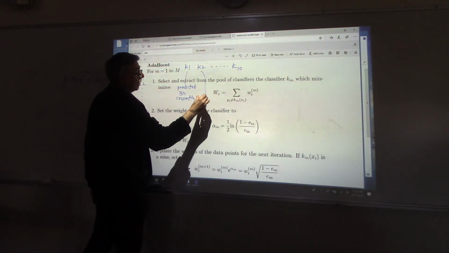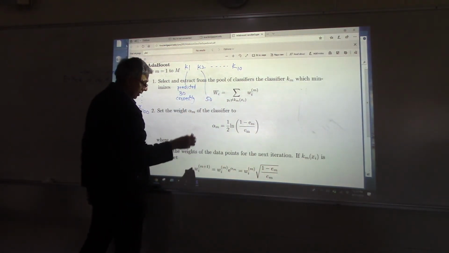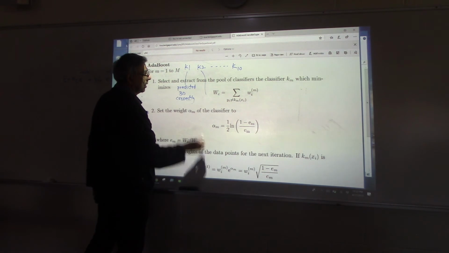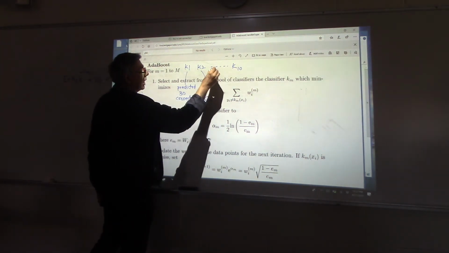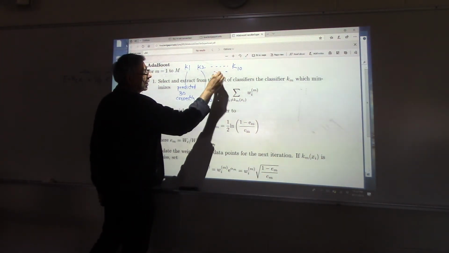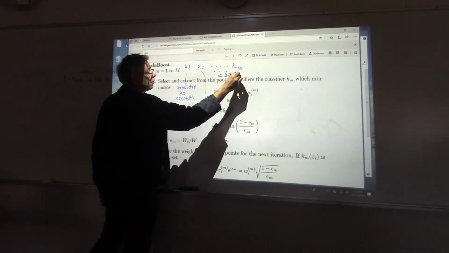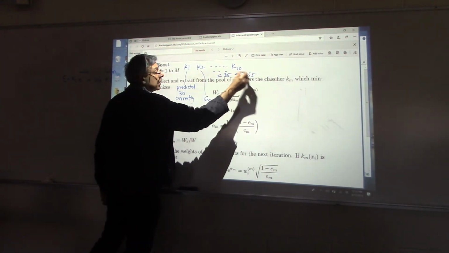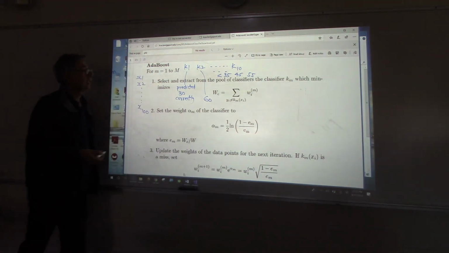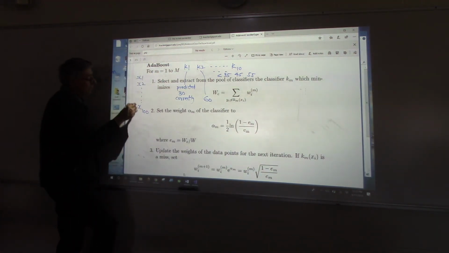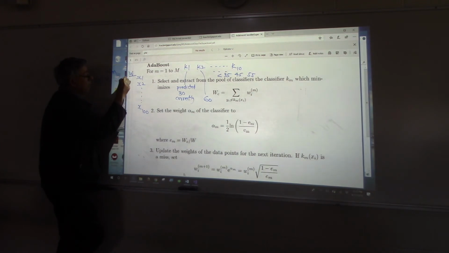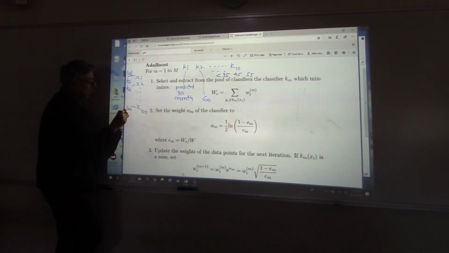K2 predicted 60 correctly. And everybody else is less than 60. Some is 35, some is 45, some is 55, and so on. As we discussed, if we have 100, then the weight of each one of these will be 1 over 100.